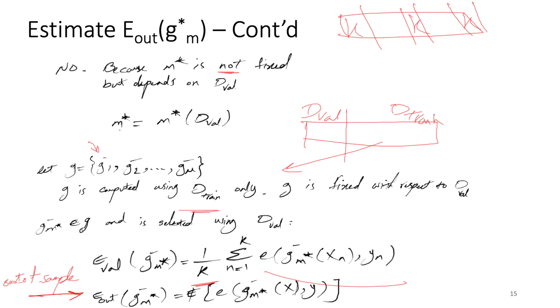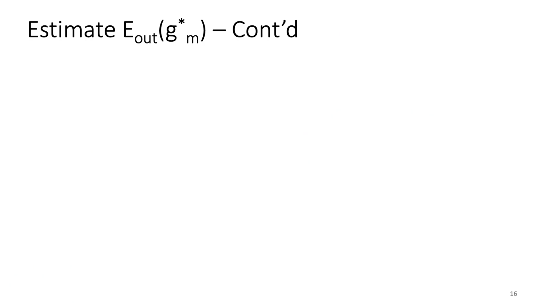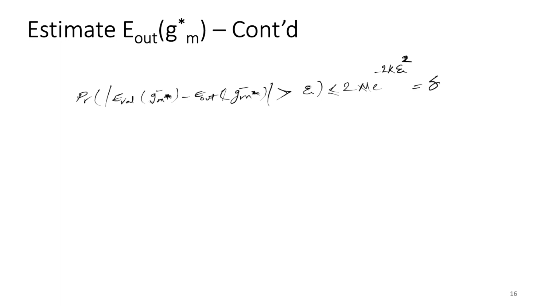So we will have the probability of the validation error and out of sample error.